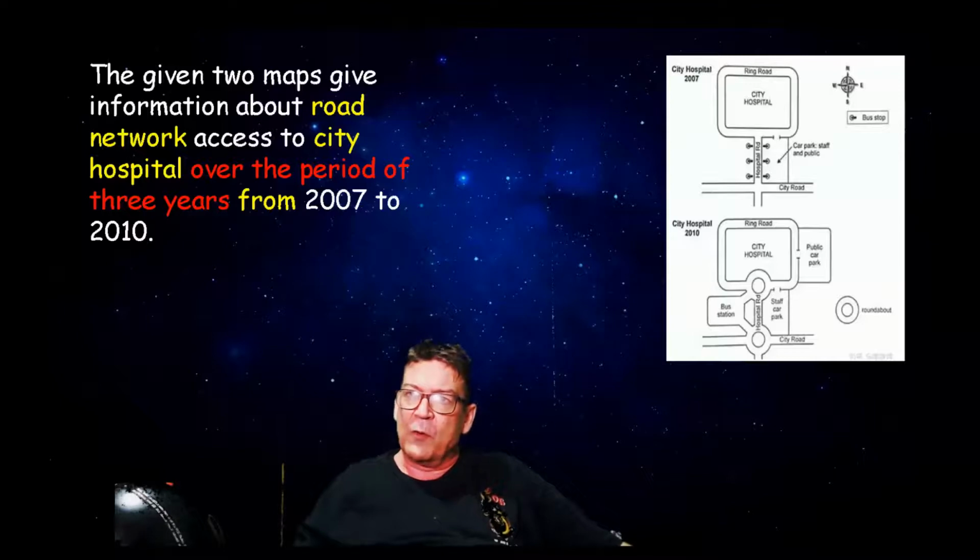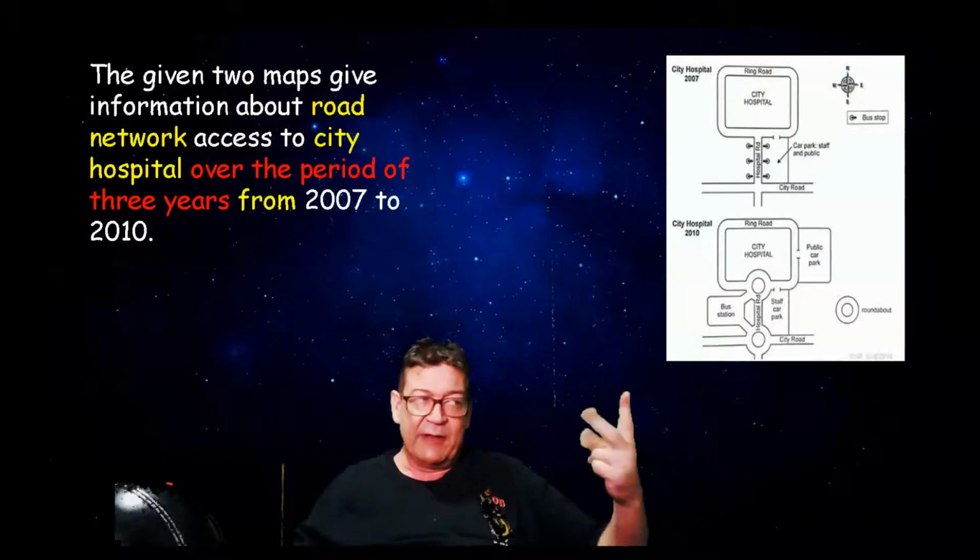Okay, over a period of 3 years. Do we know anything about what the place looked like in 2008, 2009? No, we don't. And 2007 and 2010 are not 3 years apart, they're 4: 7, 8, 9, and 10.